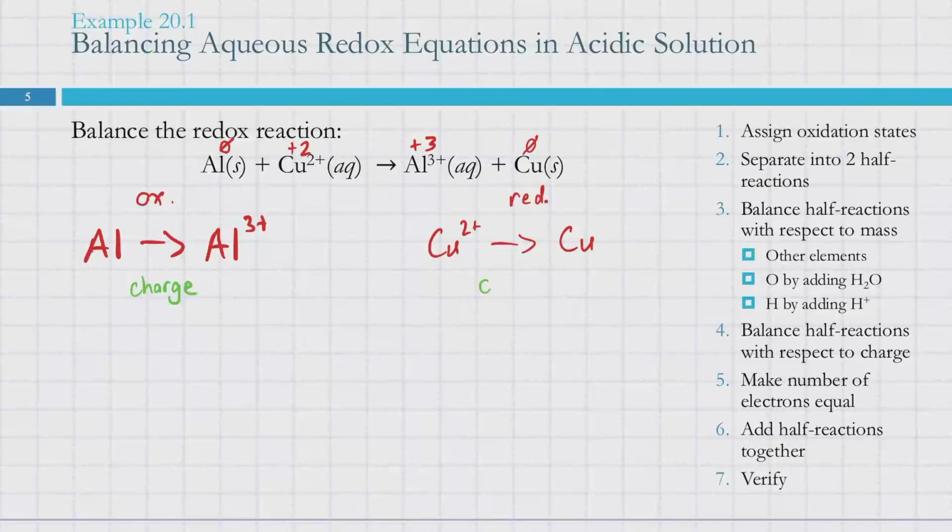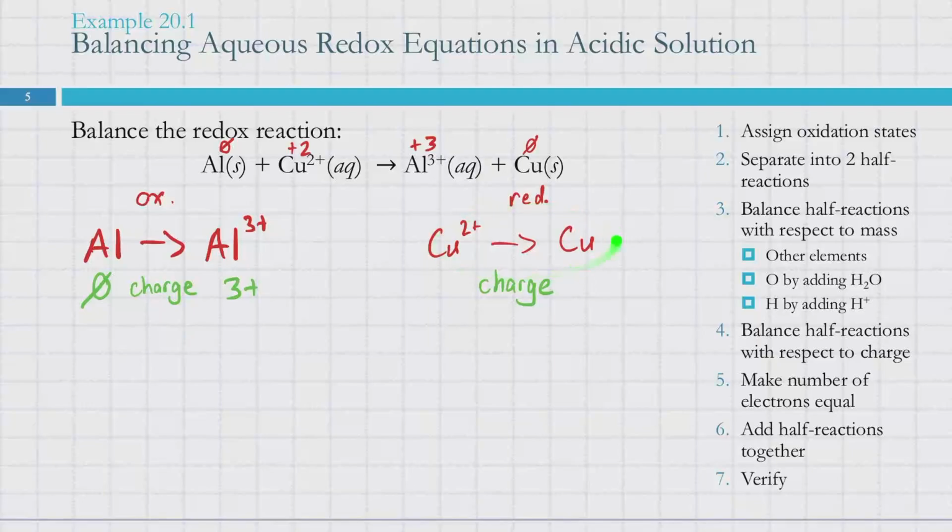So let's take a look at what our charges are. For our aluminum half reaction, we've got neutral aluminum on the left side, which has a charge of 0. On the right side, we've got a 3+ charge from our aluminum ion.